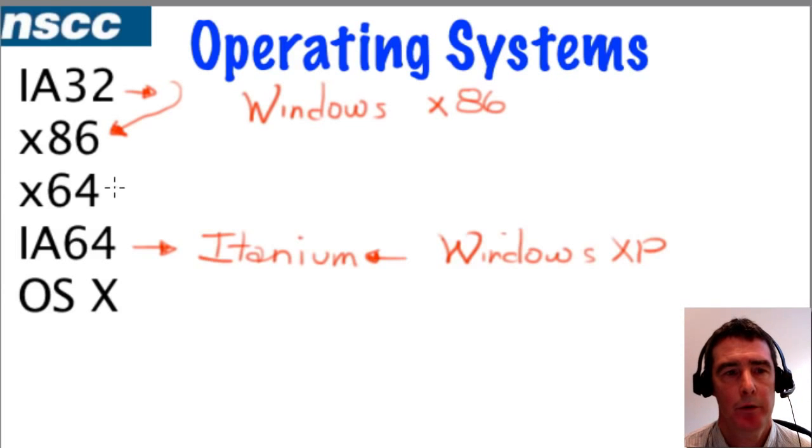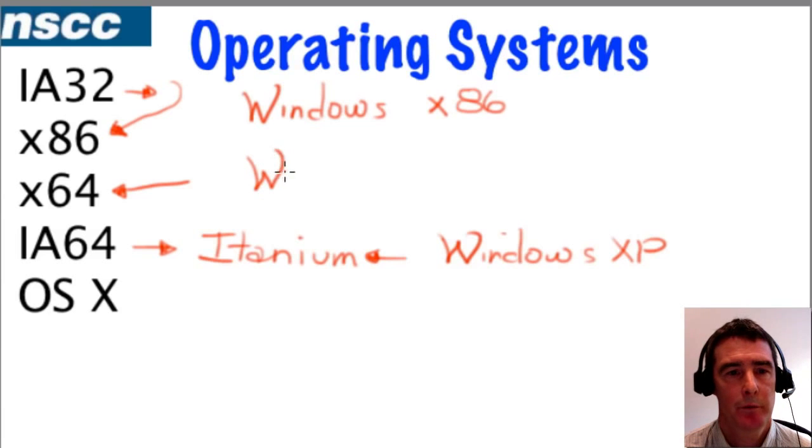Now, all CPUs today are capable of running this x64, this enhanced 32-bit operating system. That is, today's CPUs from Intel all support the 32-bit instruction set plus the 64-bit extensions that allow it to access more RAM than 4 gigabytes.